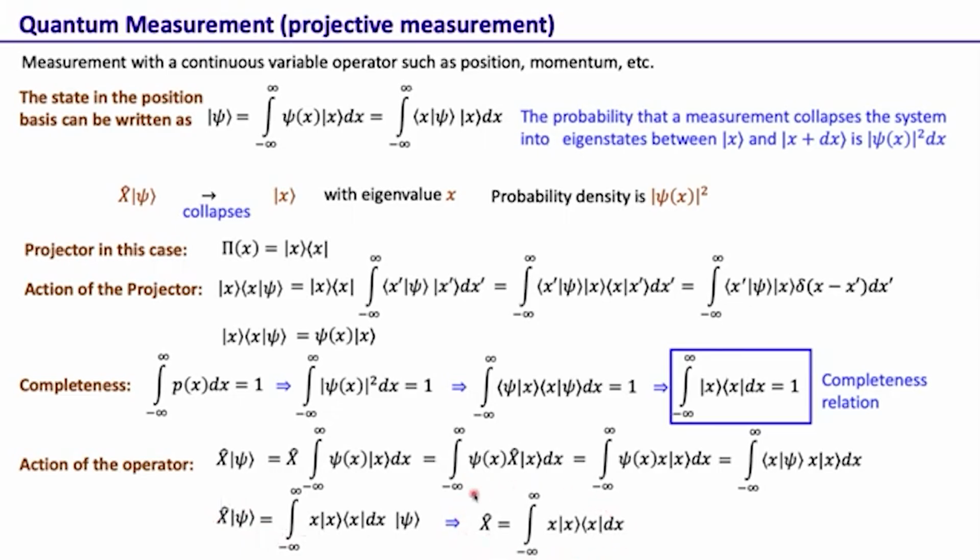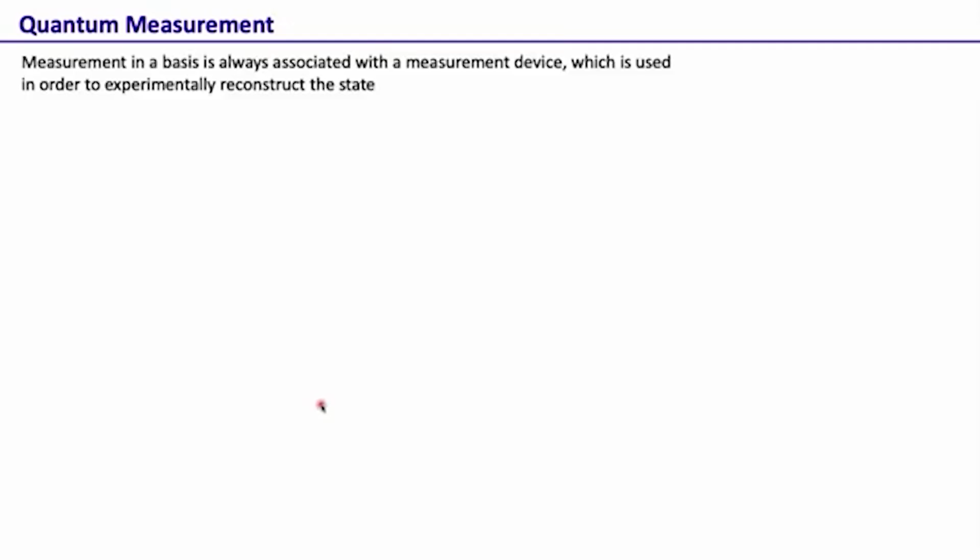Again, this is exactly the same as what we obtained for the discrete case. So that's the representation of this continuous variable position operator in terms of these position projectors. The formalism is pretty much the same for the continuous variable as we had for the discrete, so no surprises here.